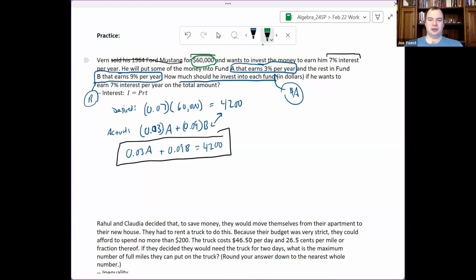So he can't invest $50,000 in Fund A and $60,000 in Fund B. He also doesn't want to invest 10,000 in Fund A and 10,000 in Fund B. He wants A plus B, the sum of the two amounts invested, to equal 60,000. Or in other words, A equals 60,000 minus B. So the amount he's going to put in Fund A is 60,000, what he starts with, minus however much he puts in Fund B. And we can plug 60,000 minus B in up here.